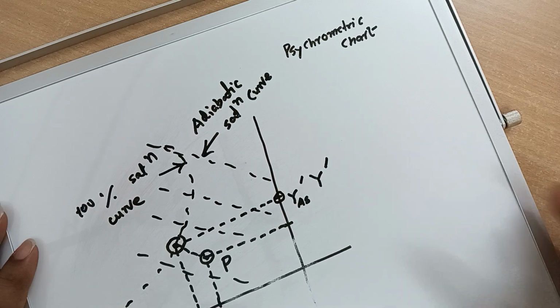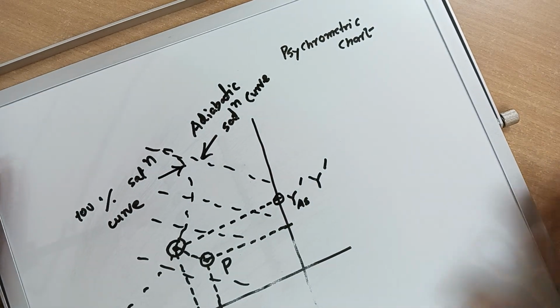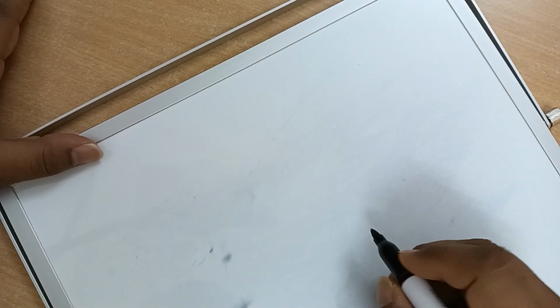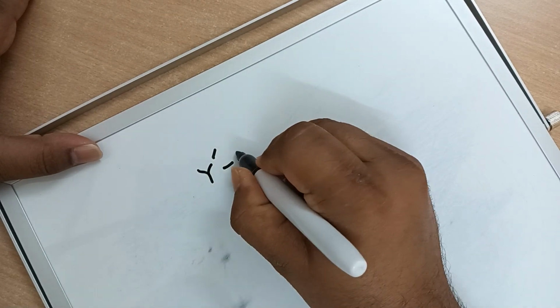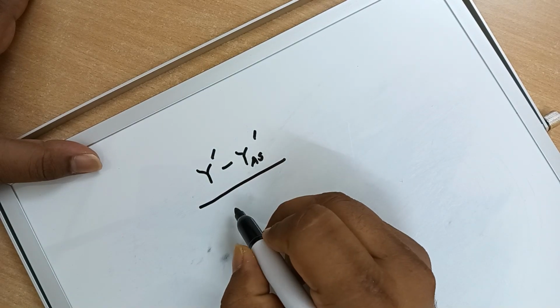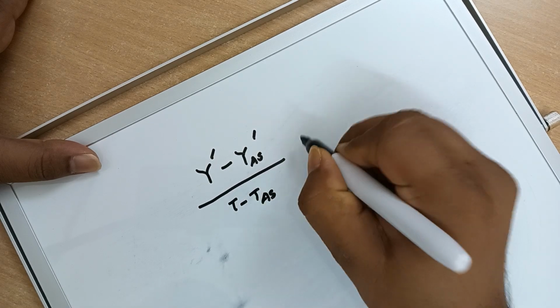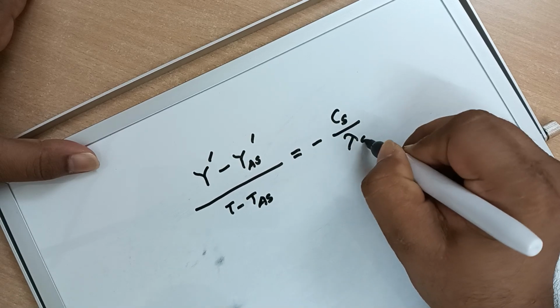However, there are charts available for organic vapor air systems, but the better way of doing it is solving it algebraically. We already know that the adiabatic saturation curve is represented by this mathematical equation: y prime minus ys prime divided by T minus TAS is equal to minus Cs over lambda s.